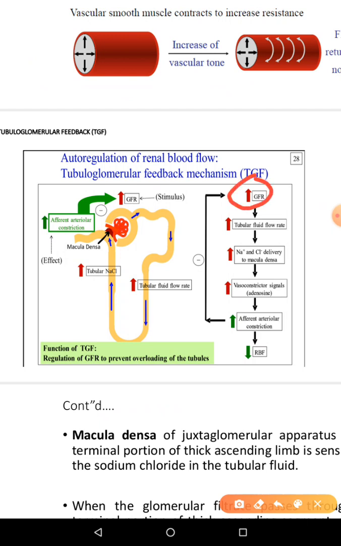When that happens, the tubular fluid flow rate will also increase. So in that fluid, there will be increased concentration of sodium and chloride, which will be delivered to the macula densa. And we say that the macula densa is located on the distal end, the distal convoluted tubule.